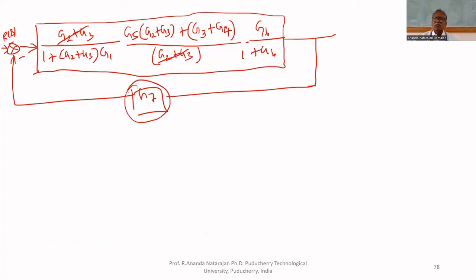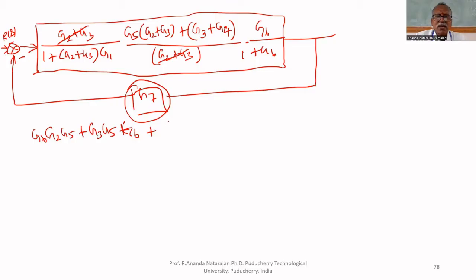Now we have to apply the 7th rule. So what in the numerator, forward path transfer function, am I writing? G2, G5 plus G3, G5 plus G6. Here also G6. G6 is outside, that's why we have to multiply by G6.